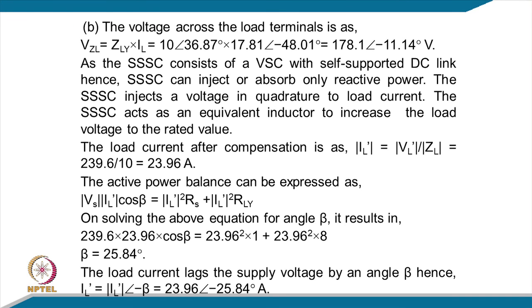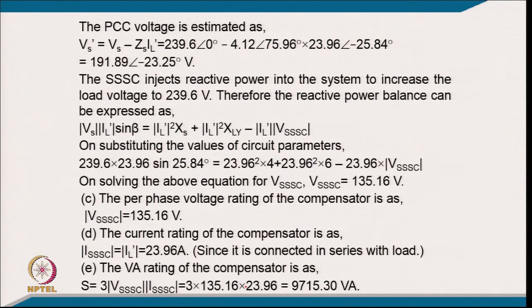So we now know the load current with this angle, and the PCC voltage can be calculated as Vs minus the source impedance drop. It comes to 191.89 volt, that is the voltage at the point of common coupling. Now the SSC injects reactive power into the system to increase the voltage to 239.6 volt.